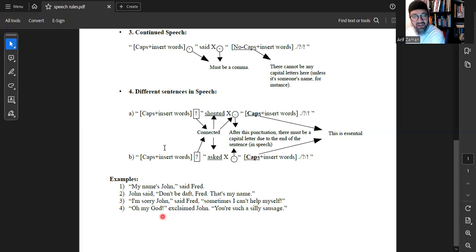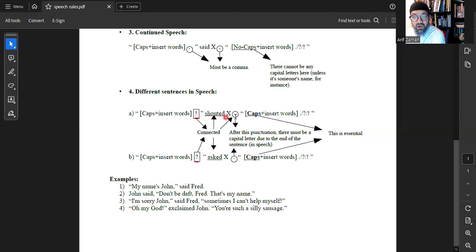And I think if you look at this, you've got A and B. I think if you look carefully, A is focusing as if it's an exclamation mark. What should I use? Exclamation mark there, whereas this is a question mark, okay? So, capital letter as normal, insert the words as normal, but you've got an exclamation mark here. That differs to here where it was a comma, okay?